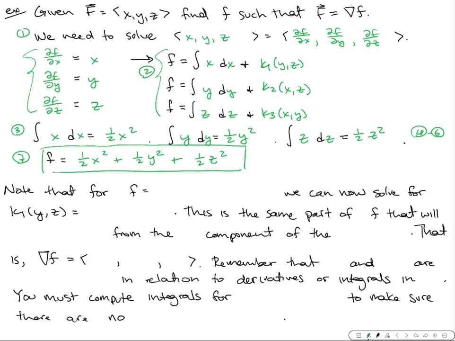So I want to note a few things about this solution because this is a really odd new process for us. Now that we know that little f is equal to 1/2 x squared plus 1/2 y squared plus 1/2 z squared, we could solve for what was this k1 of yz.